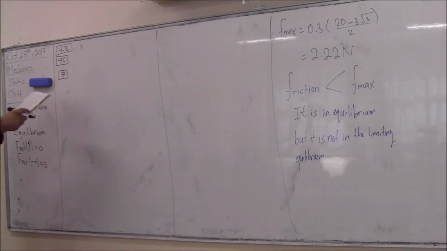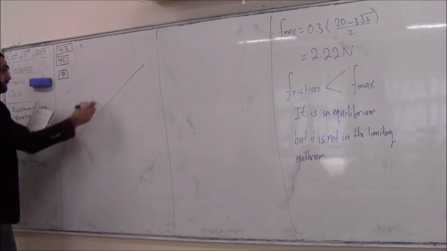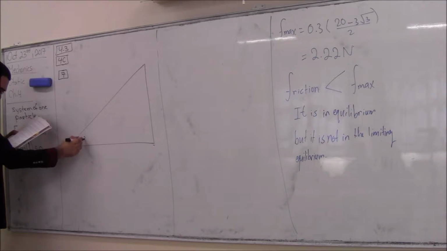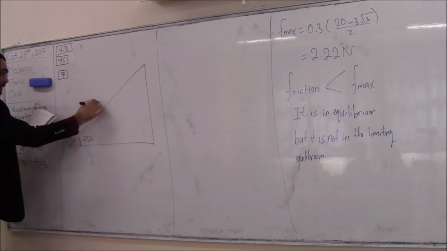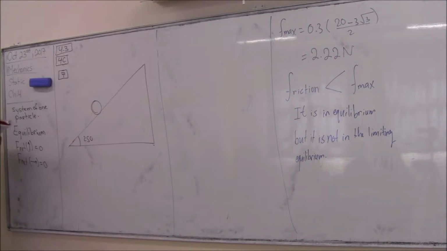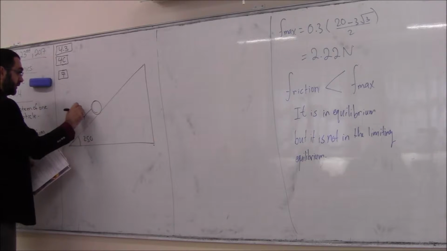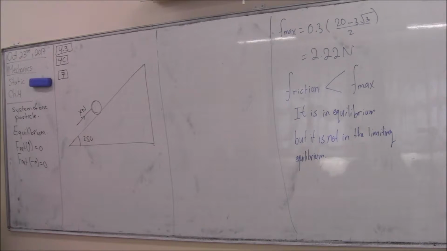A particle of mass 1.5, right? Rests in equilibrium on a rough plane under the action of a force of magnitude X newtons. Here we are given X newtons. The particle is up the plane.